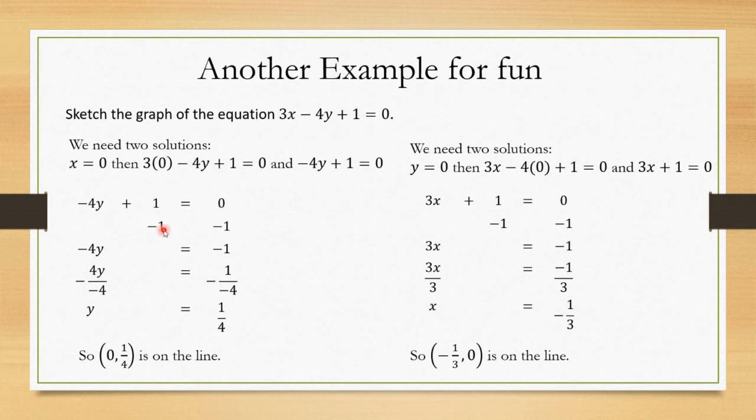So I subtract 1 from each side. From there, we get minus 4y is negative 1, as you can see. From there, we can divide both sides by negative 4, because we don't want negative 4y, we just want y. And so by dividing, we get y is 1/4.